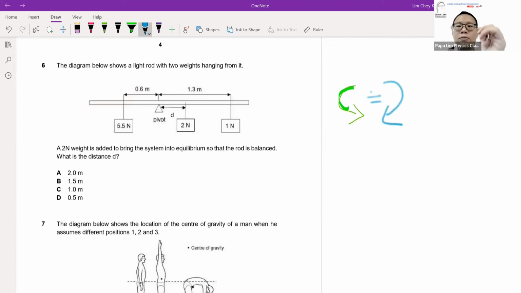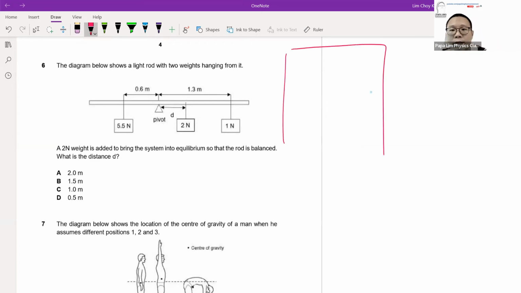So you need to identify where the clockwise moments and the anti-clockwise moments are. What I always tell students is to have a systematic way of consolidating the forces and their respective moments. For example, let's look at the table.